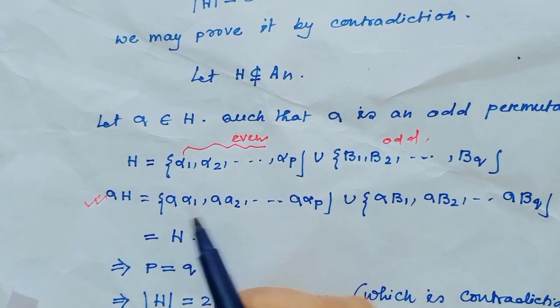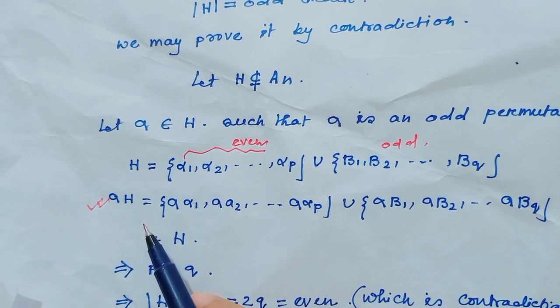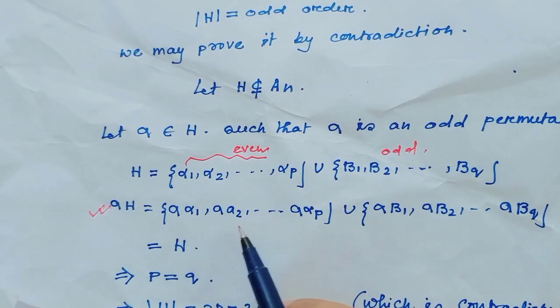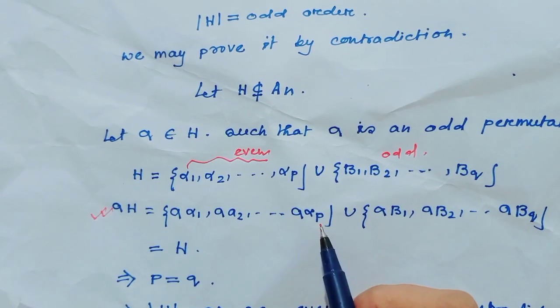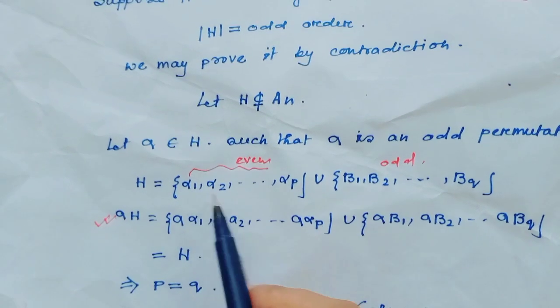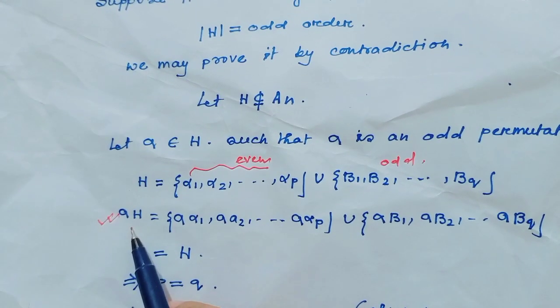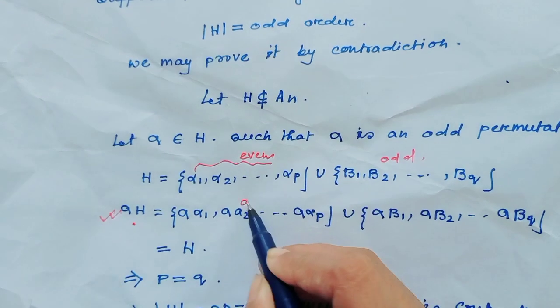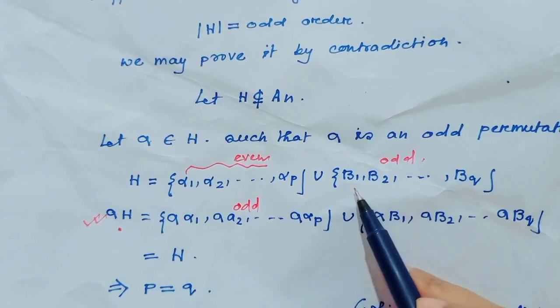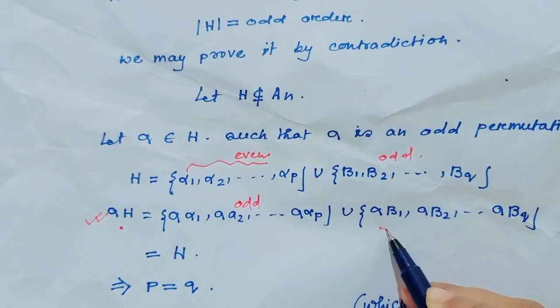Multiply this subgroup A by the odd permutation sigma. Then sigma A is equal to sigma alpha 1, sigma alpha 2, ..., sigma alpha p. Since I have multiplied this part by sigma, these would be odd, and by multiplying this part would be even.